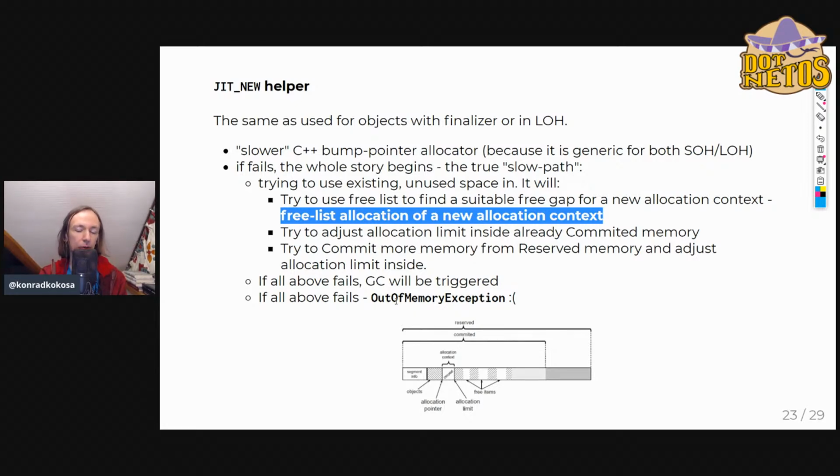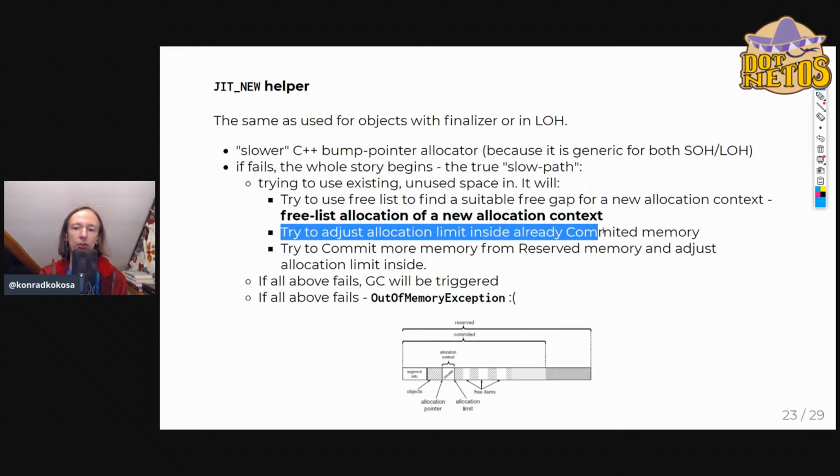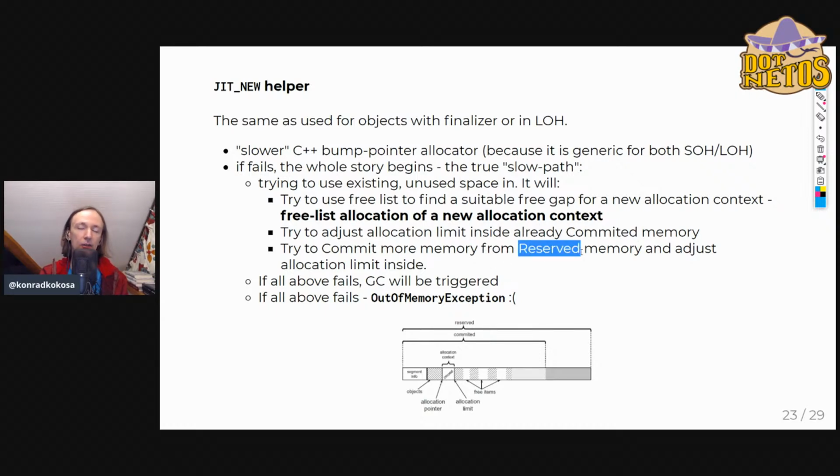If it is failing to do that, so there is no gap big enough to be reused as an allocation context, we are trying to commit more memory, simply to have more space for the new allocation context. If there is not enough committed memory, probably we have much more reserved memory, so we will try to commit some memory from this reserved memory to have more space for it.